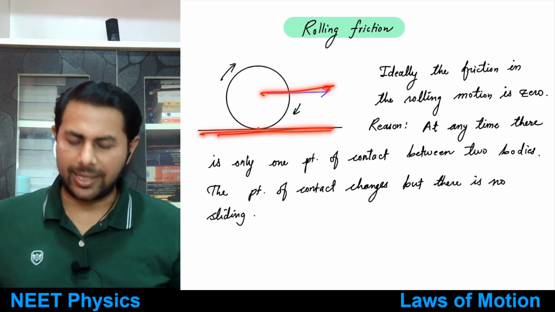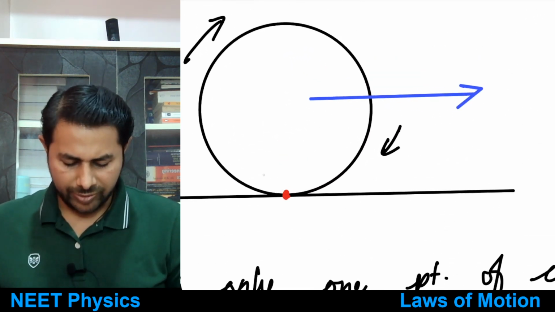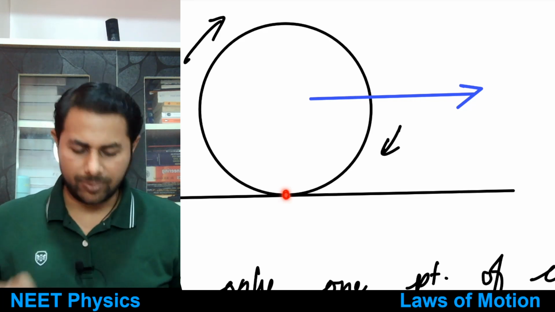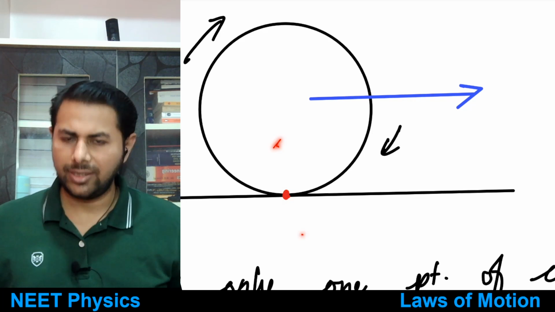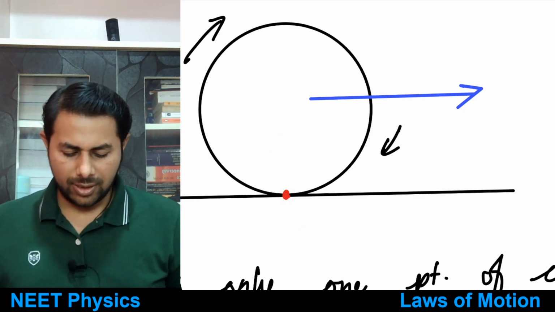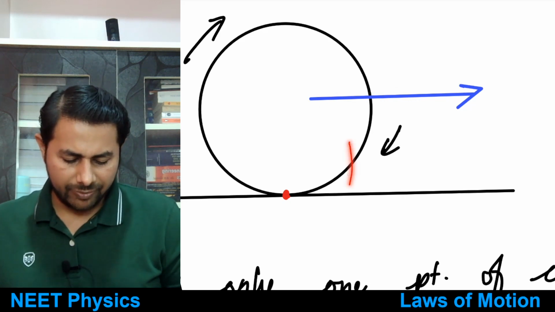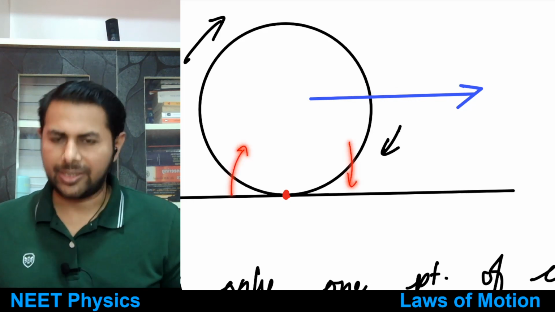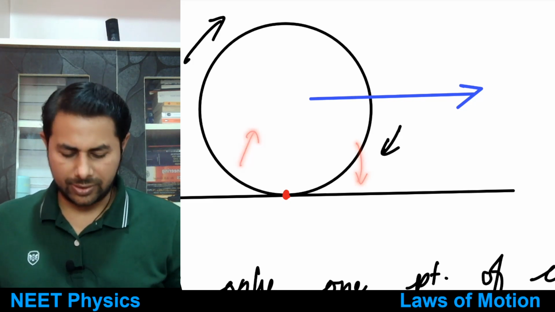When it is at rest, there is only one point of contact. Now when it moves like this, this part will fall down and this part will be lifted up.